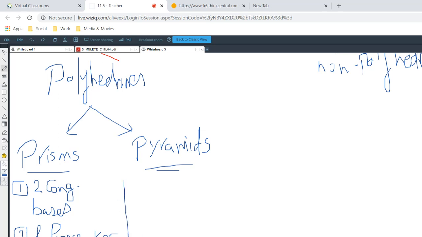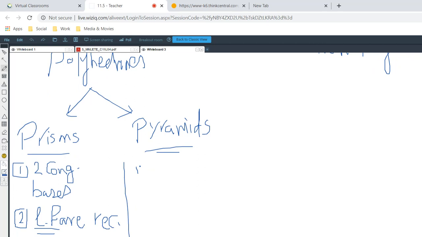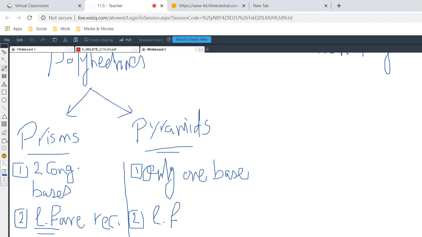What about a pyramid? In a pyramid we have only one base. Number two, the lateral faces are triangles.